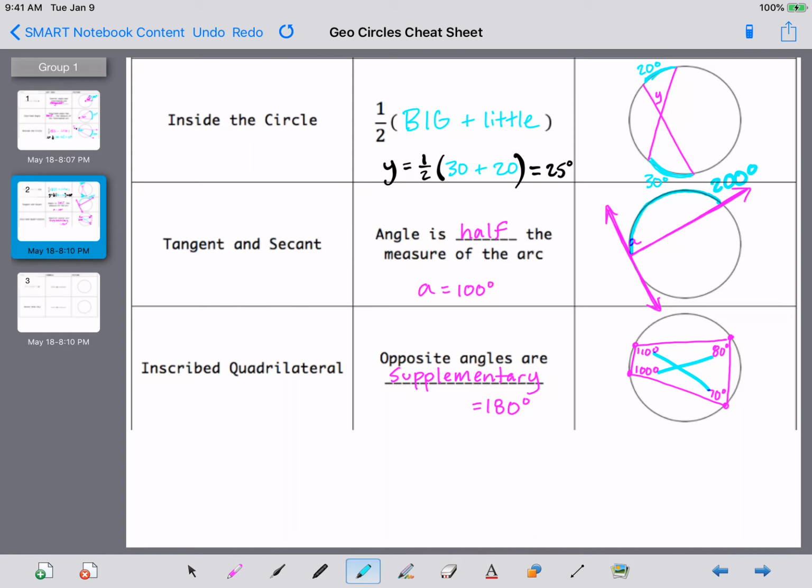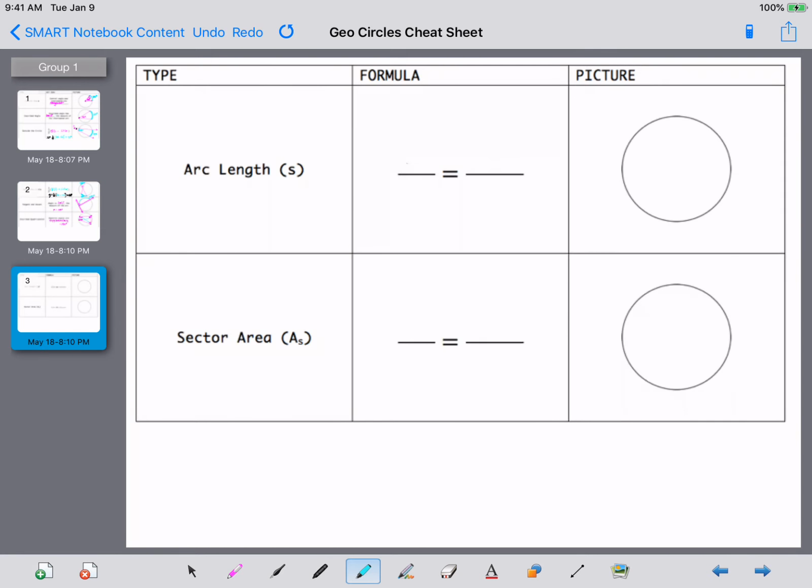All right. Then we're going to jump into those two formulas from chapter 11. So we talked about arc length and then we talked about sector area. First of all, arc length is this formula. Remember, S is what we use to represent arc length, and then if we divide that by the entire circumference, that equals theta.